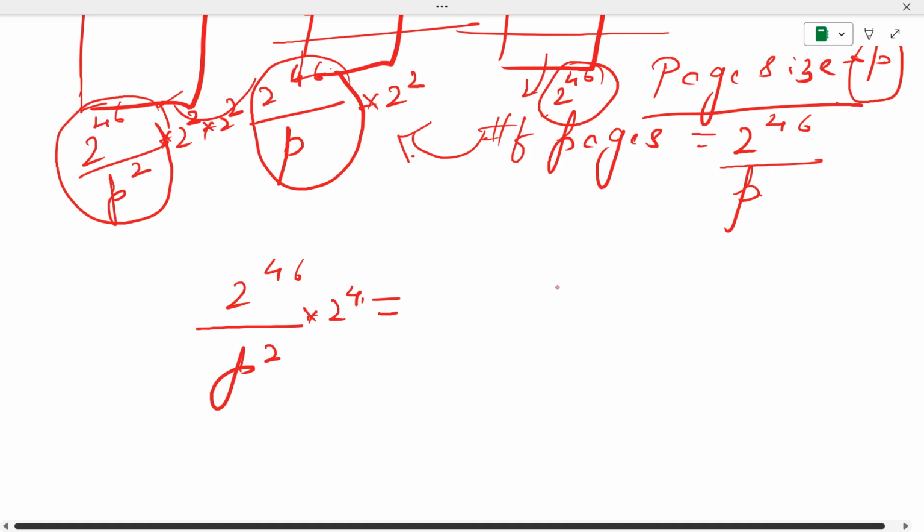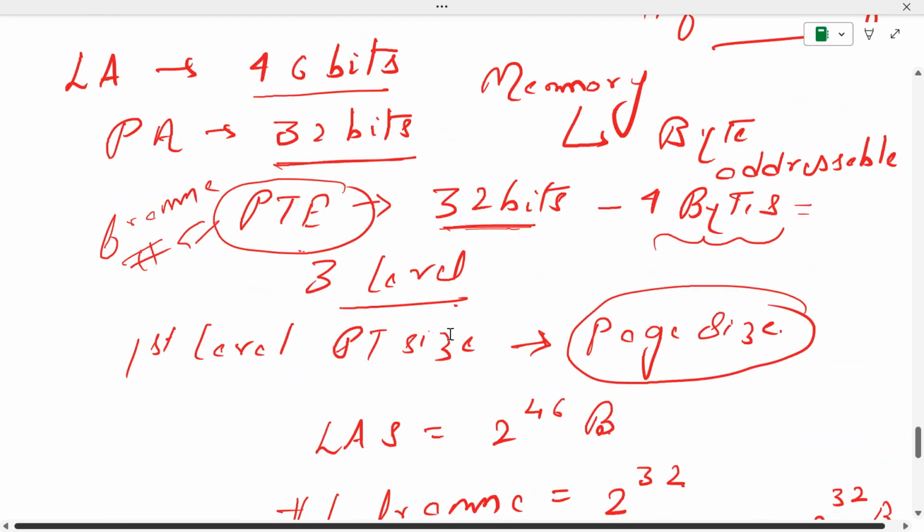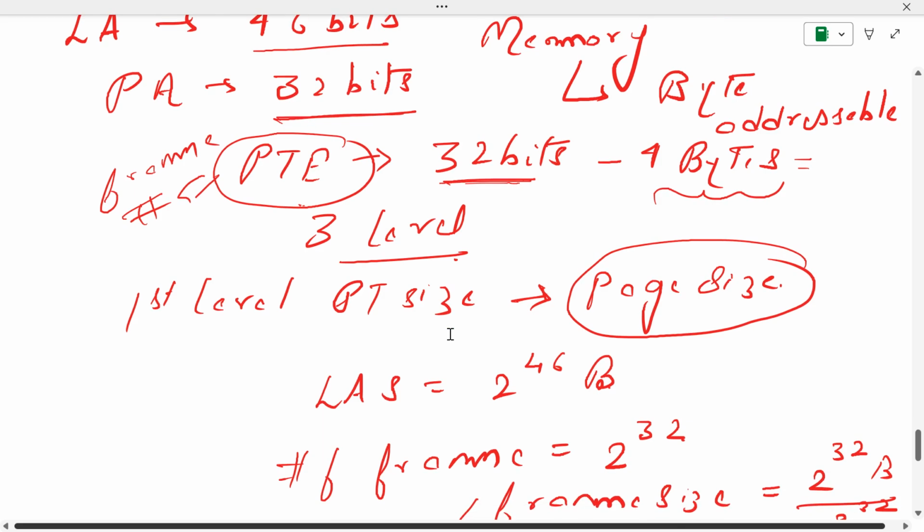Page size is P, so number of pages. I think I did something wrong here. Let me recall.